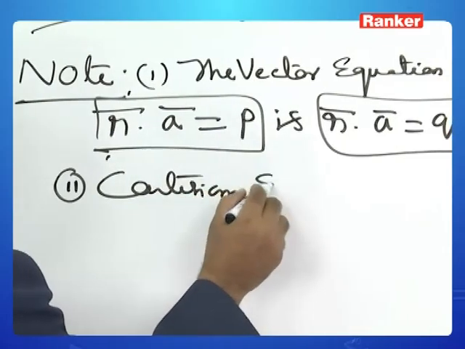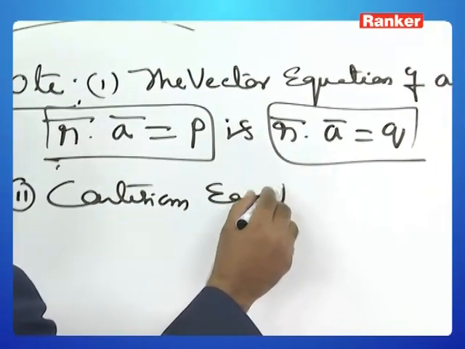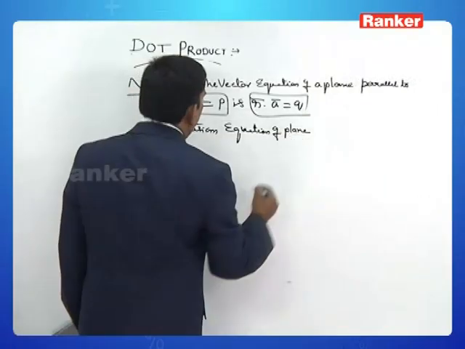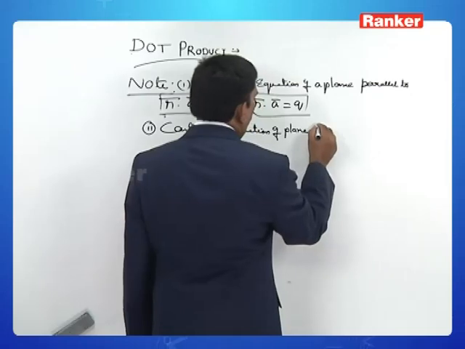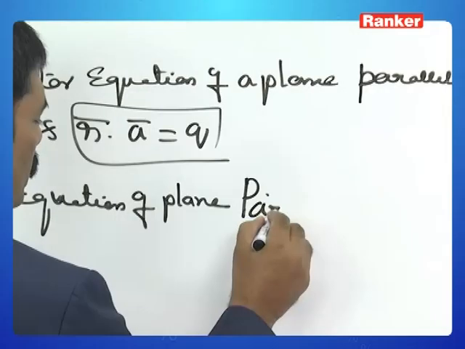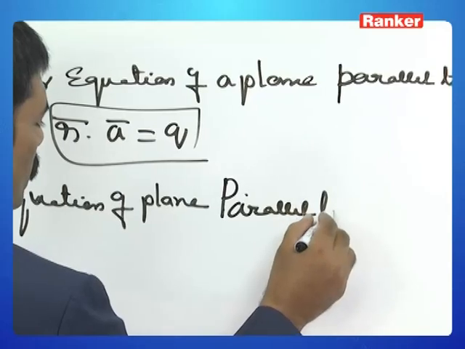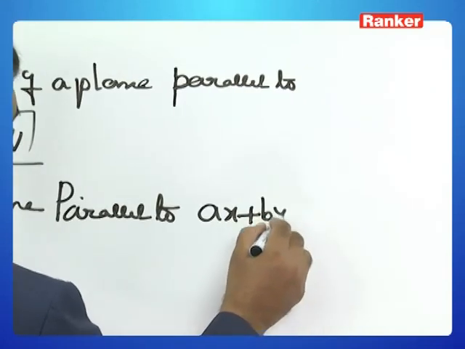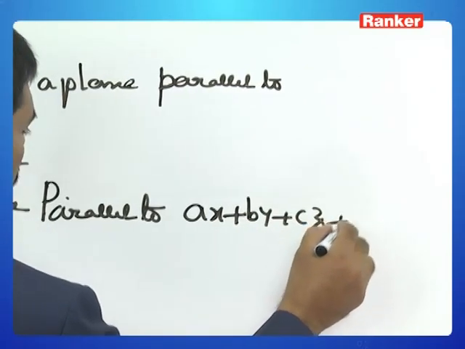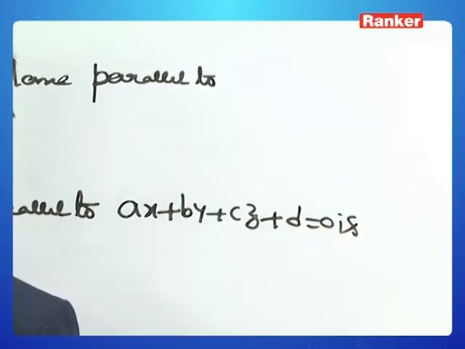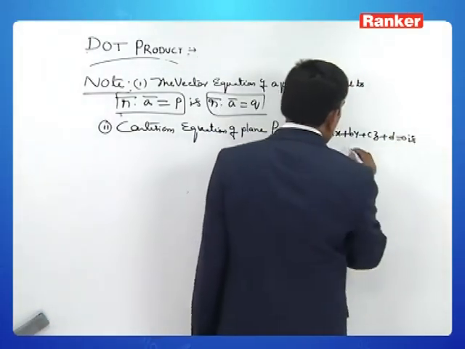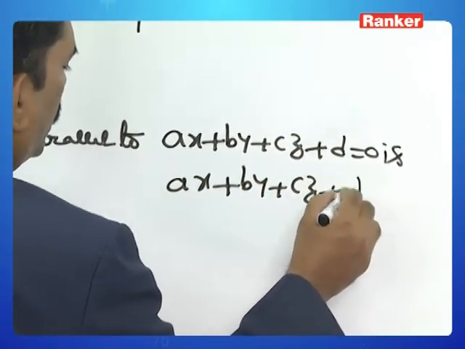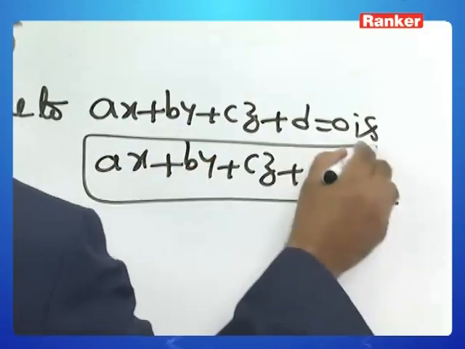the Cartesian equation of a plane parallel to ax plus by plus cz plus d is equal to 0 is ax plus by plus cz plus d1 is equal to 0.